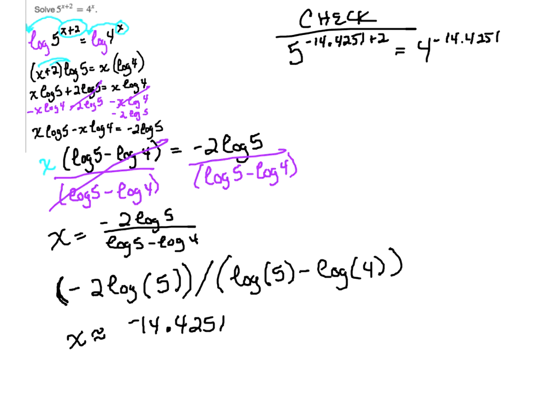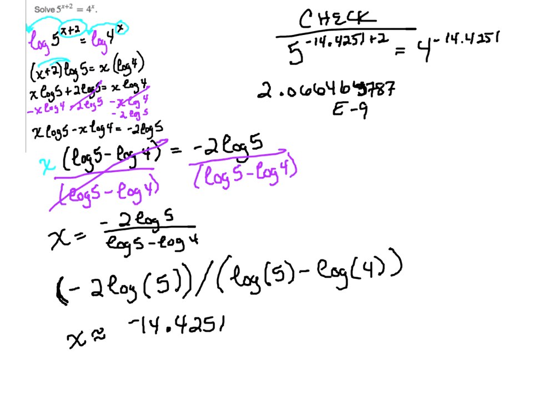So 5 raised to the negative 14.4251 plus 2. When I put that into my calculator, I get 2.066463787 times e to the negative 9th.